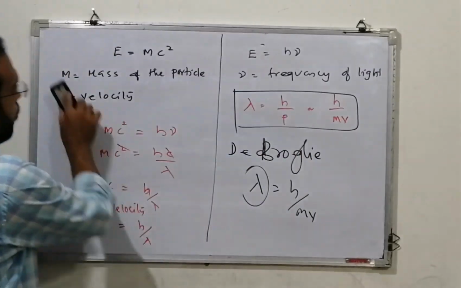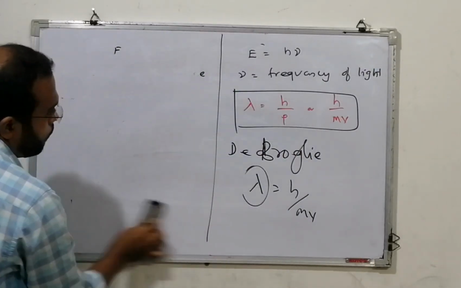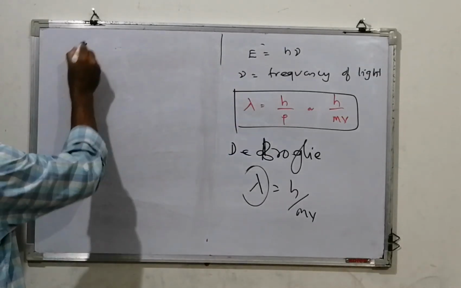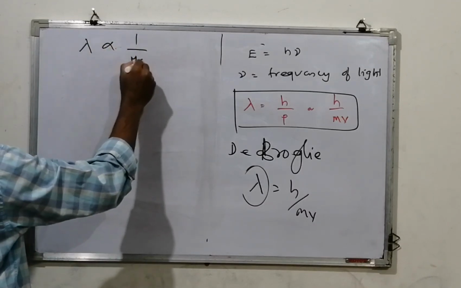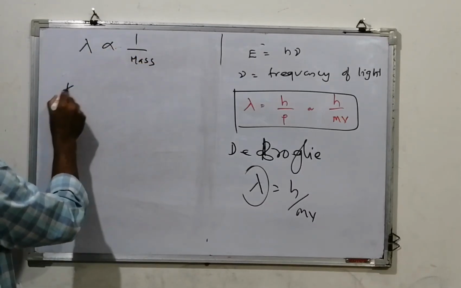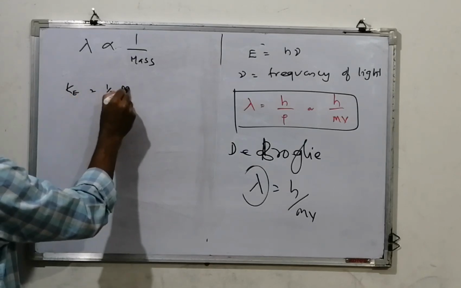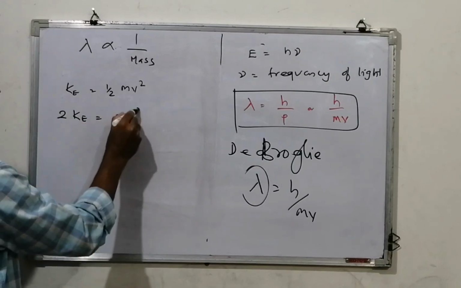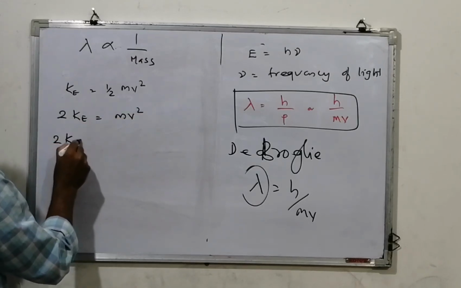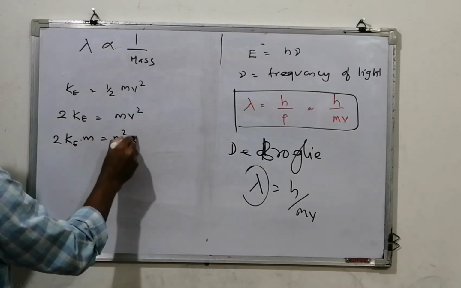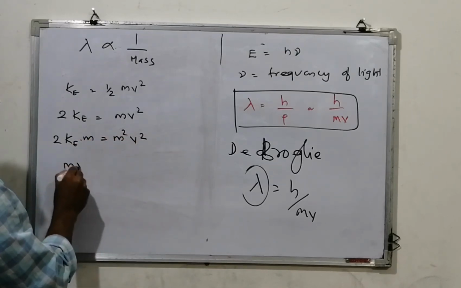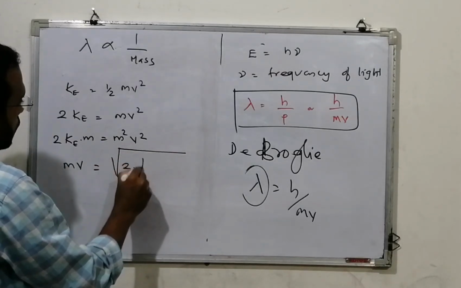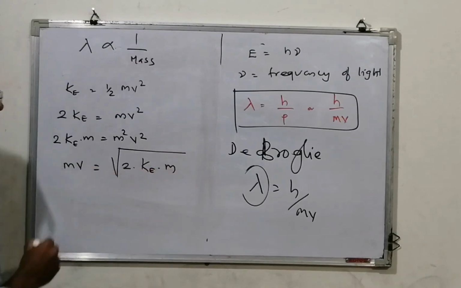Okay. Therefore, lambda is equal to h by mv, or lambda is inversely proportional to mass. Now we know that kinetic energy is equal to half mv square. 2 into kinetic energy is equal to mv square. 2 into kinetic energy into m is equal to m square v square, or mv is equal to the square root of 2 into kinetic energy into m.